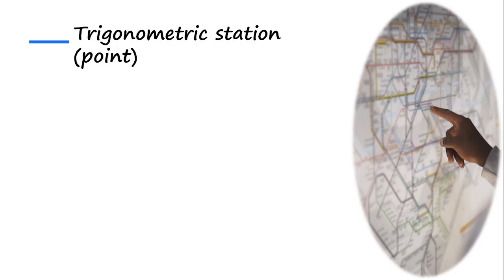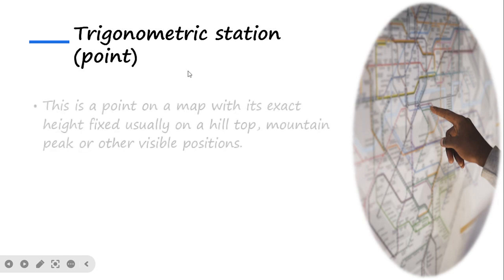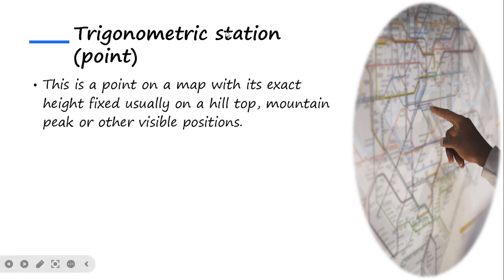Now let's move on to the other ways we can use to observe the relief features. Trigonometric stations or points. So what are these? A trigonometric station is a point on a map with its exact height fixed, usually on a hilltop, mountain peak, or other visible positions.